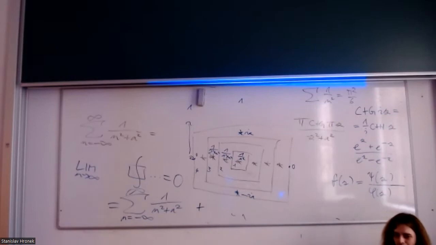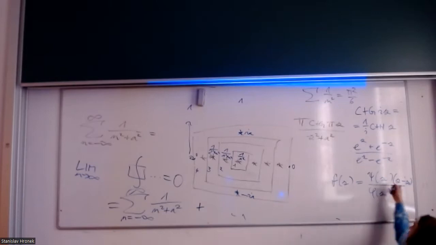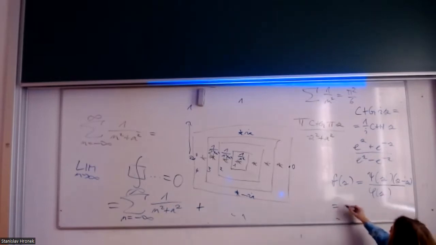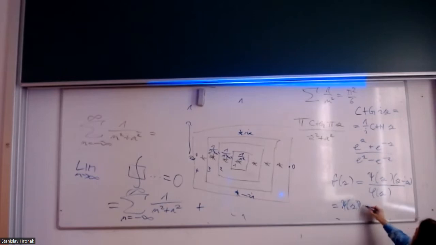You are probably used to finding residues by multiplying by z minus z0 and then sending z to z0 in a limit, which works from the series point of view. If we do that, we see that psi of z, and here I get z minus z0 over phi z minus phi z0, which is 0.